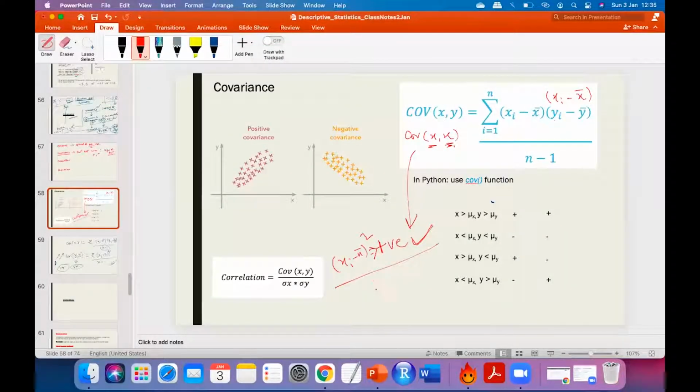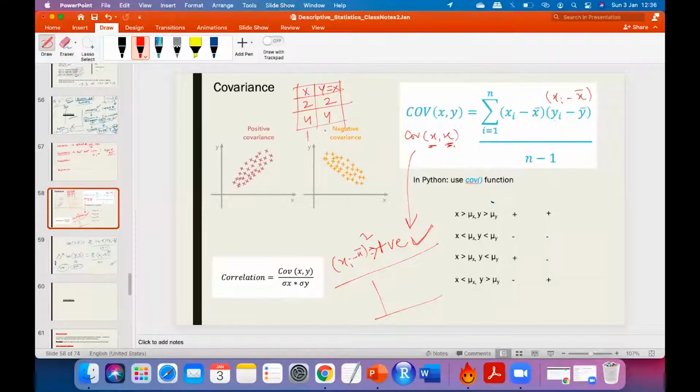But let's talk in terms of our concept. What I'm saying is that it gives the sign of the relationship. So what do you think? If I plot x versus x, if x is increasing, the same value will be of the other x. Let's say I'm talking about two variables, x and y, where y is also x. So if this is 2, this is also 2. If it becomes 4, this will also be 4.